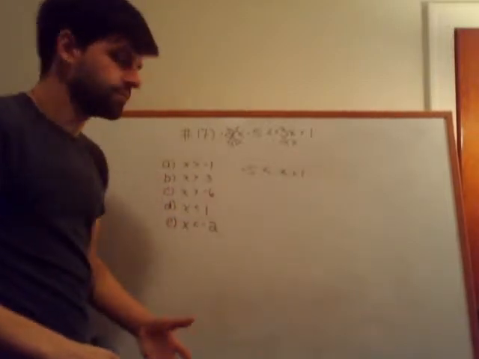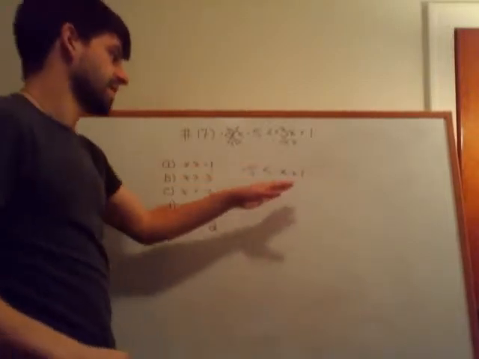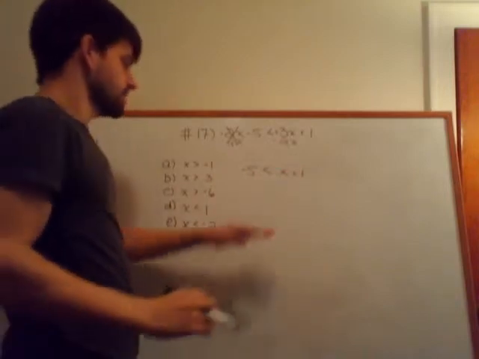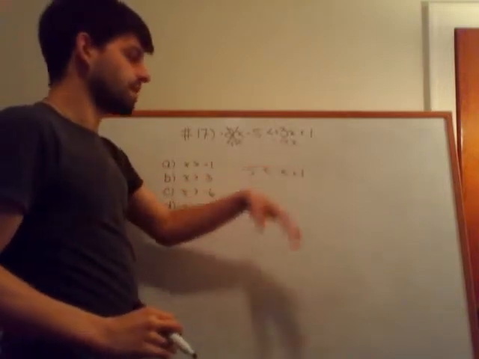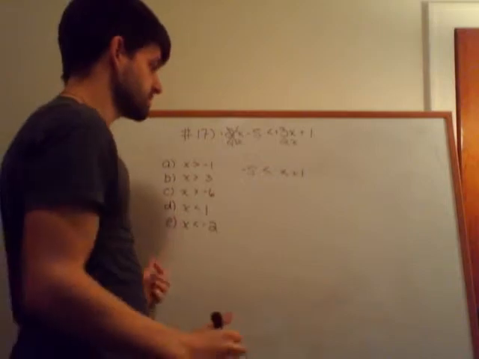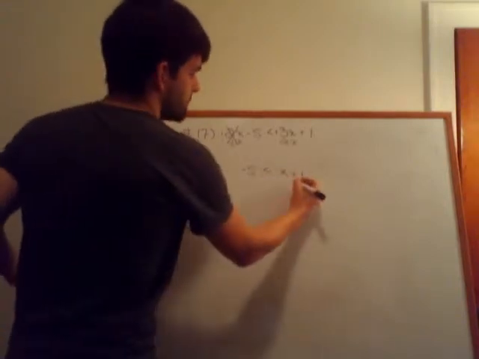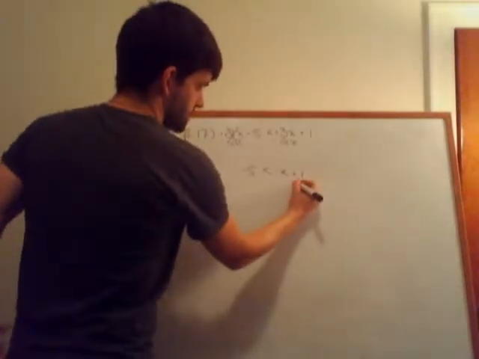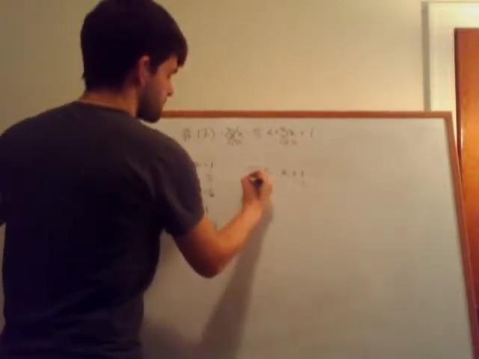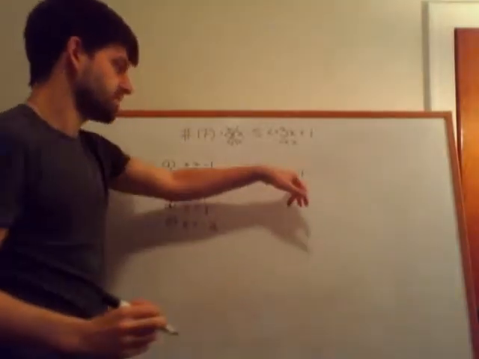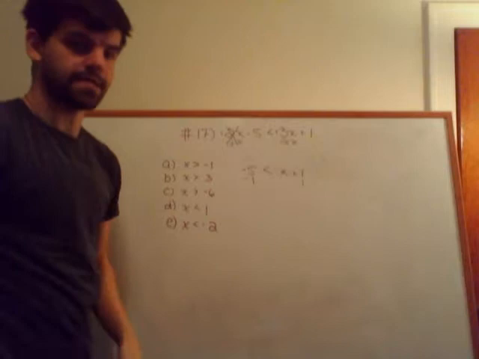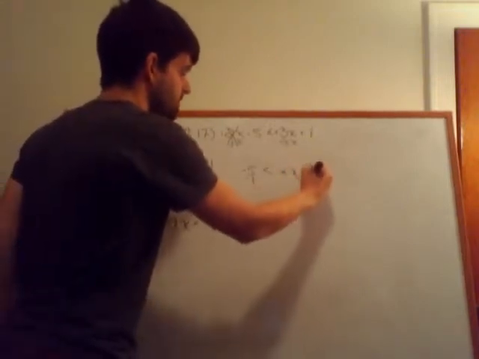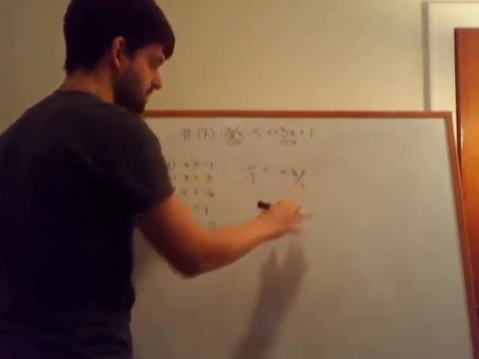Now all I have to do is isolate x again by undoing what's being done to it. Since x has 1 being added to it, I'm going to subtract 1 from both sides. The reason this works is that when I subtract 1 from both sides, the positive 1 and negative 1 cancel, and our goal is to get x all by itself.